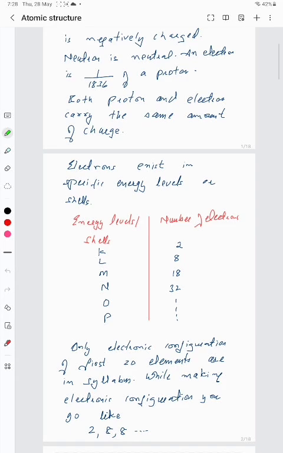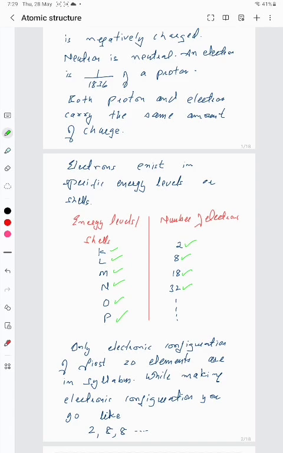Electrons exist in specific energy levels or shells, and these are the shells K, L, M, N, O, P. K shell can hold 2 electrons, L shell can hold 8 electrons, M 18, N 32, and so on. Why I'm not writing further, because it's not relevant in O level.